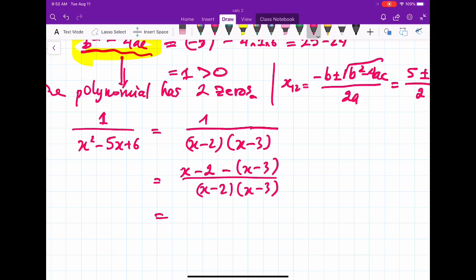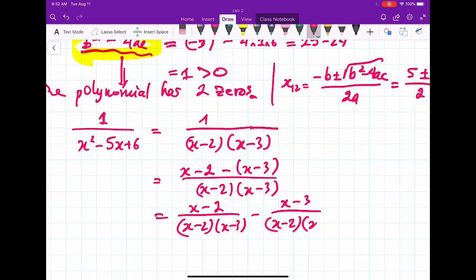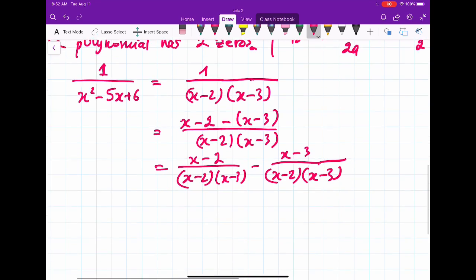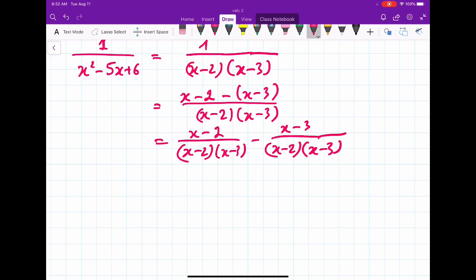And then that is (x minus 2) divided by (x minus 2)(x minus 3), minus (x minus 3) over (x minus 2)(x minus 3). You see, we just break the function into two functions. And then we simplify, and we get 1 over x minus 3 minus 1 over x minus 2.